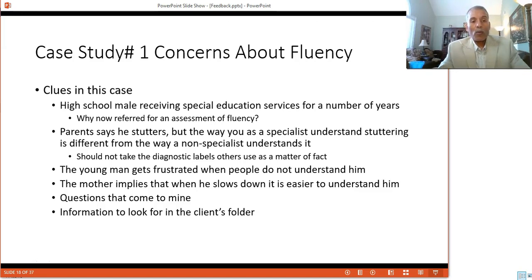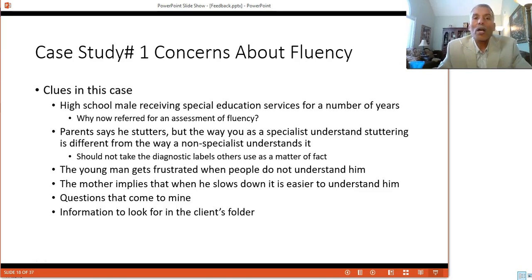So another cue is the mother implies that when he slows down, it is easier to understand him, because she said we tell him to slow down. People who stutter, their problem is not slowing down. People who stutter, you can understand them. Intelligibility is not typically a problem. It is the time, it is the struggles that they have.